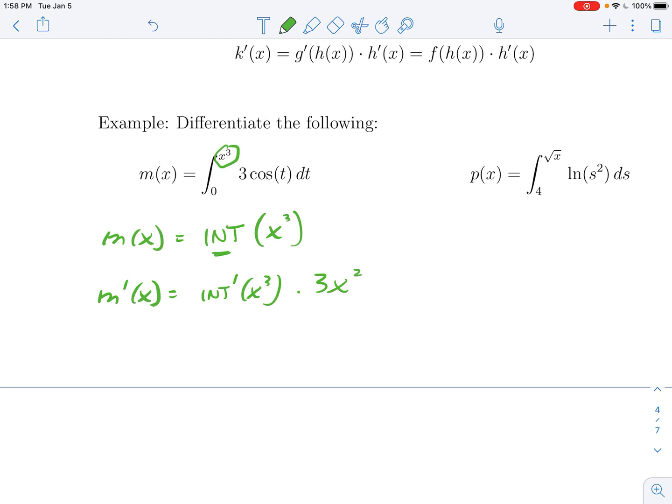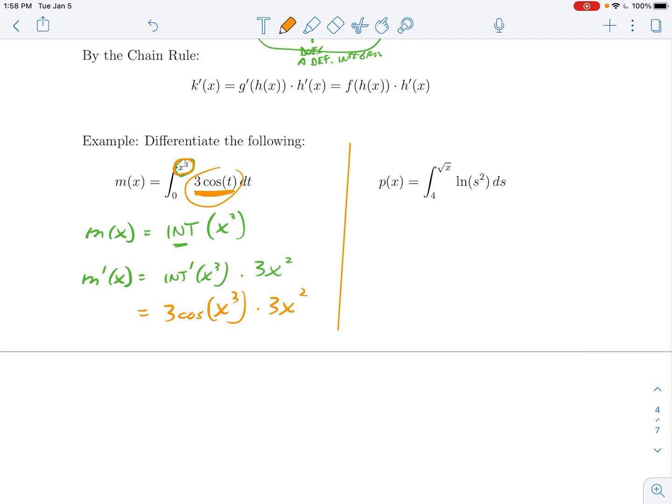But the derivative of that integral process is just the function we're integrating. So the derivative of that integral is this function 3 cosine of t, where here t is x cubed. So that's our derivative. We're taking this non-x bound and plugging that in, because the derivative of that integral is basically the function. But then there's an additional chain rule step.